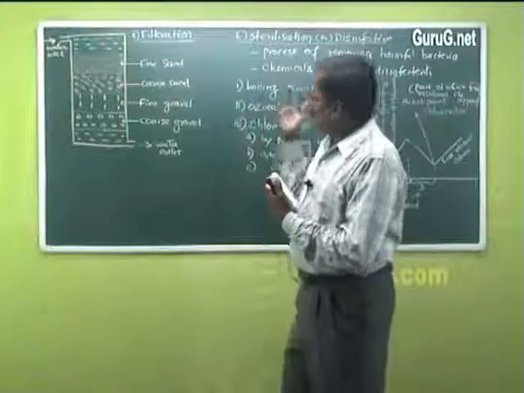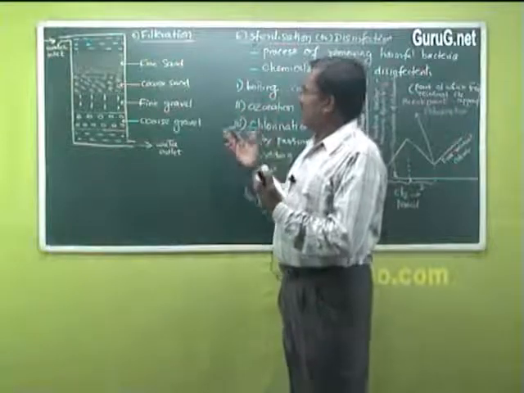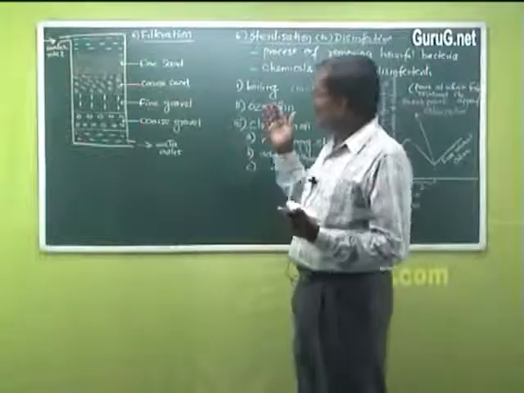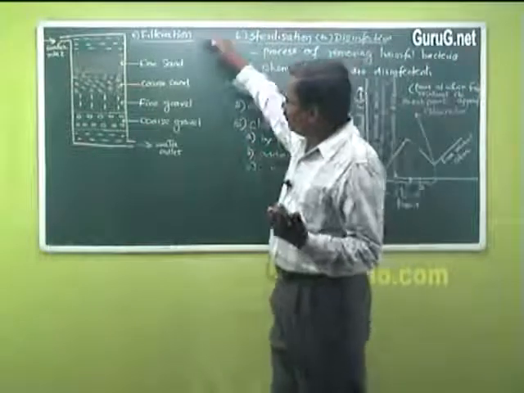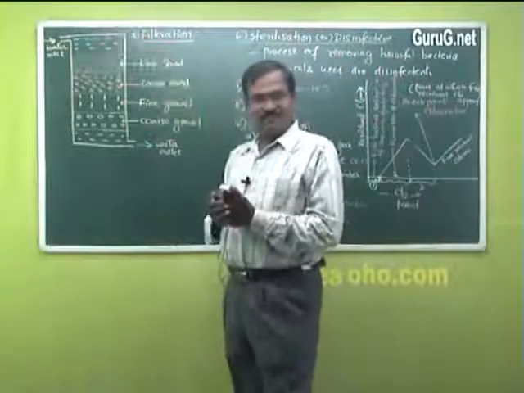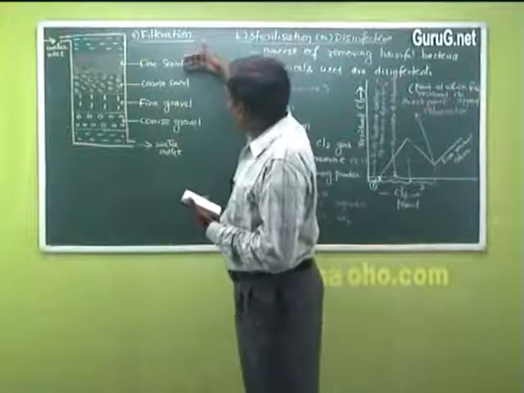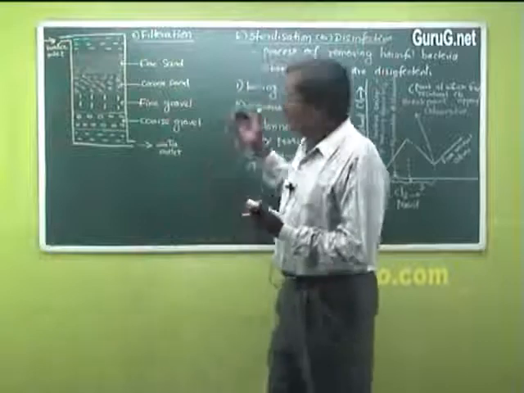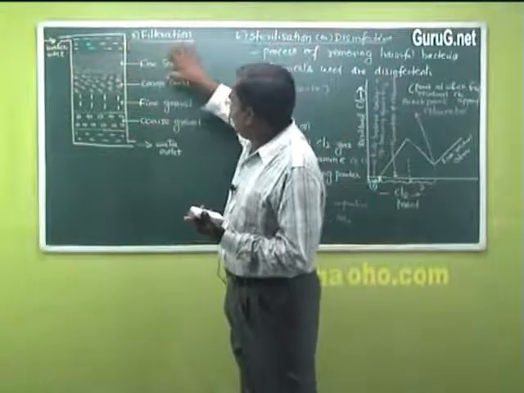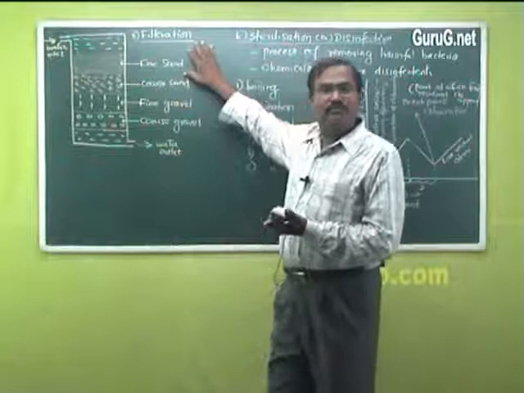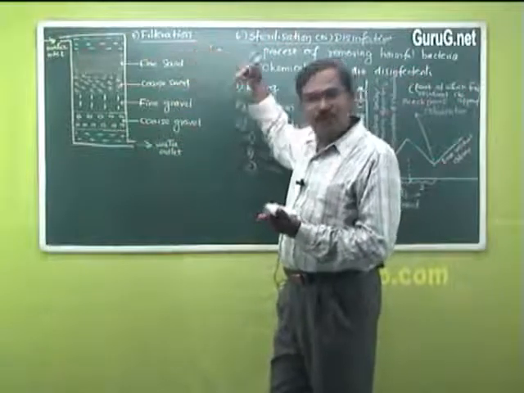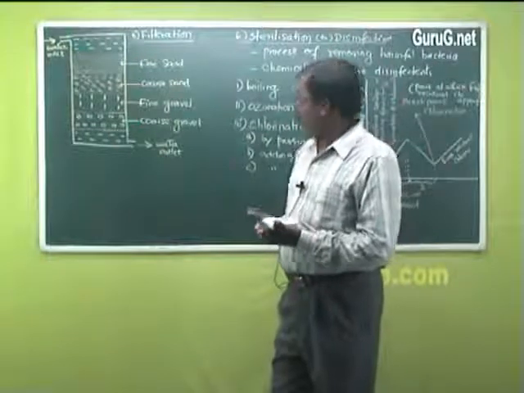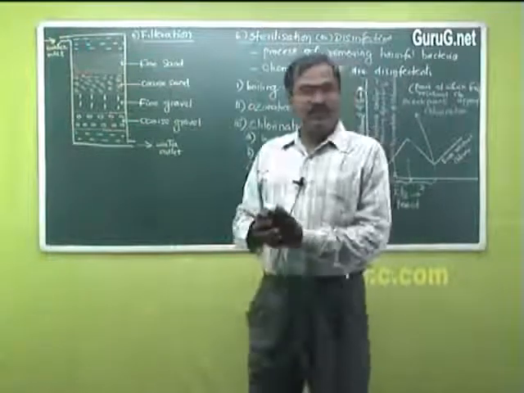How long, for how many days or hours, or how much water can be purified by this bed depends on the impurities present in water. Most of the impurities are retained by the fine sand bed itself, so we have to renew this often to keep the process effective. So that's all about filtration.